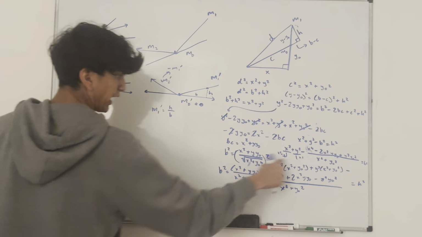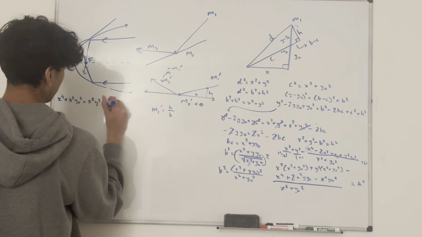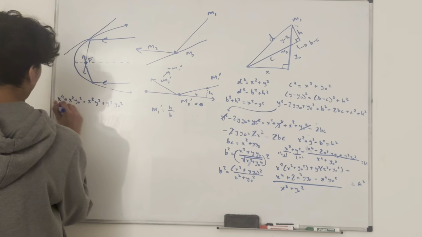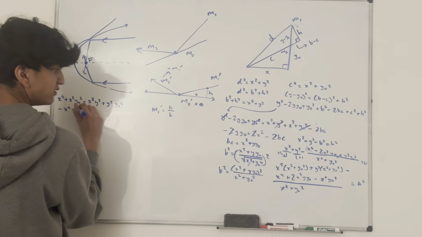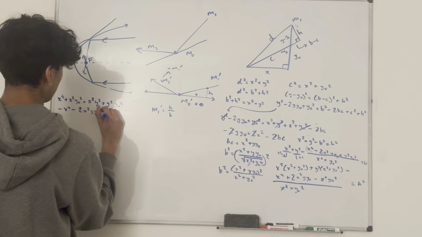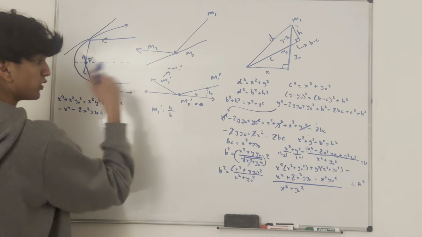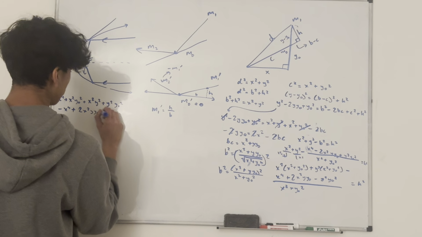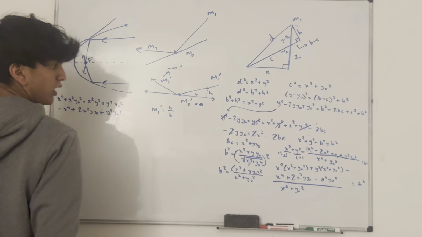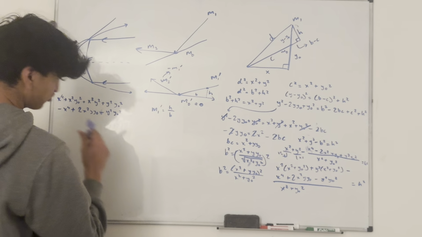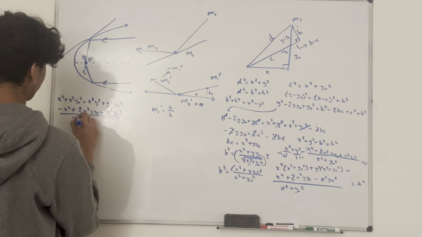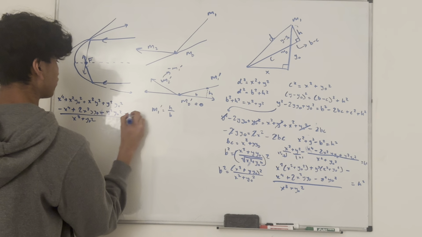I'm distributing the x to each thing, plus y squared y initial squared minus x to the fourth minus 2x squared y initial minus, so plus the 2x squared minus the y squared y initial squared. Looks good, I think. All over x squared plus y initial squared, goodness me, equals h squared.